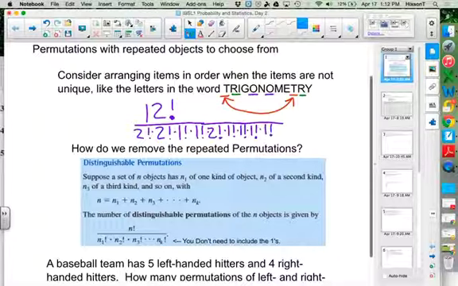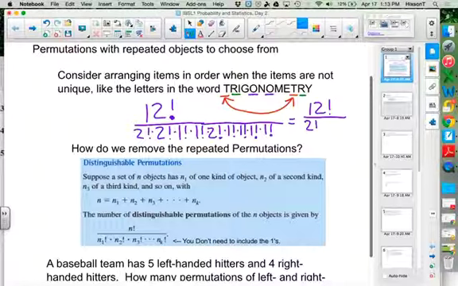Now, as you can see, if you write out all the ones, that's a little bit tedious. So you don't need to include all the 1 factorials. What you could do is simply write it like this, and only put it over any that are repeated.